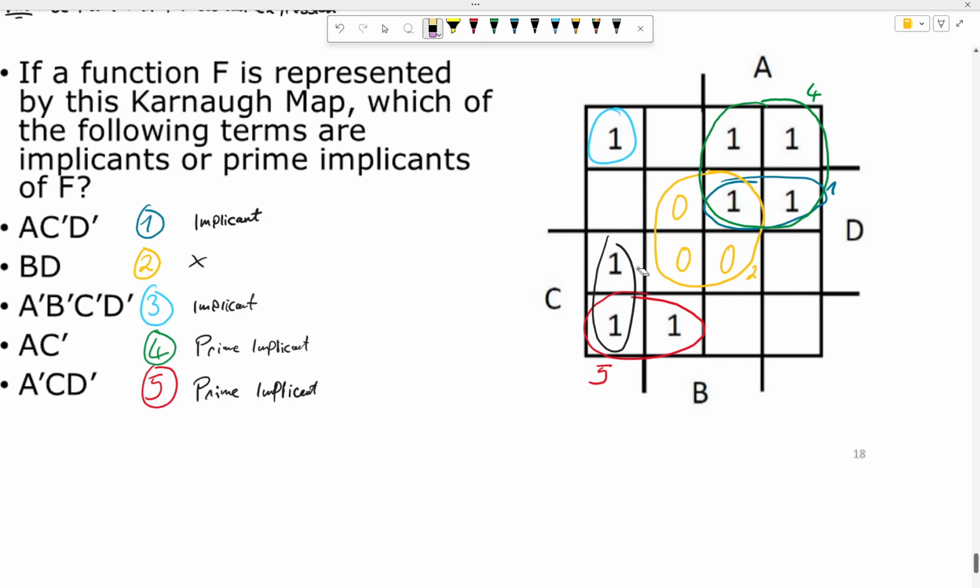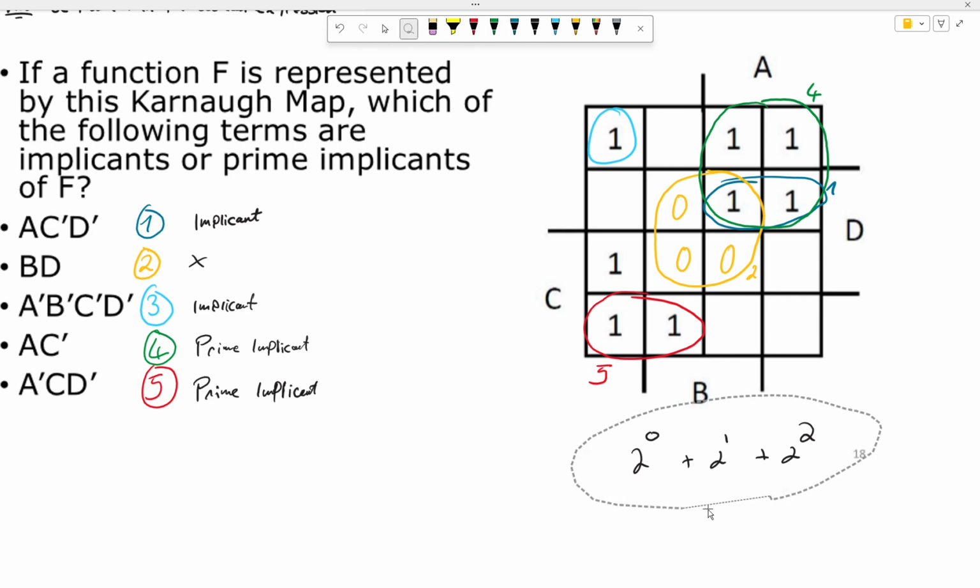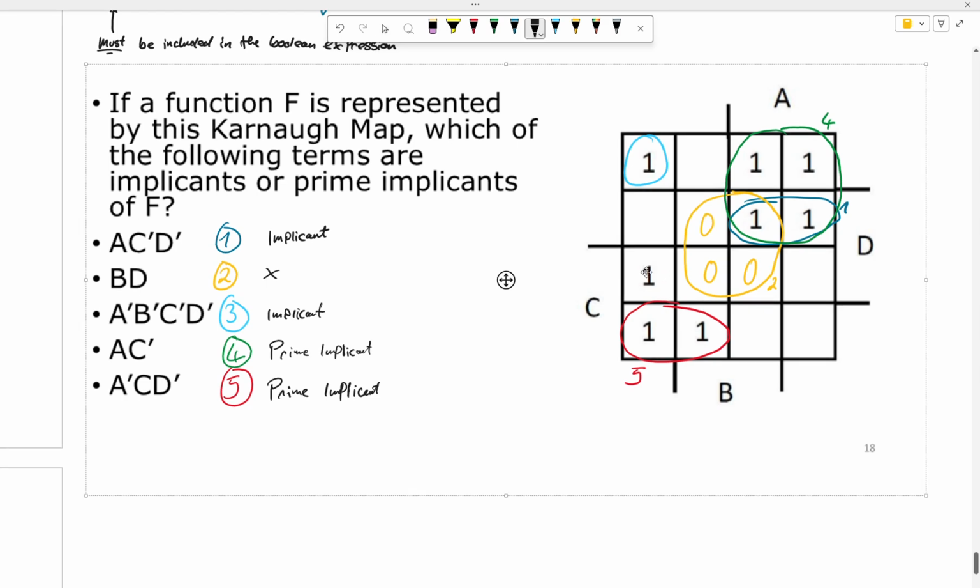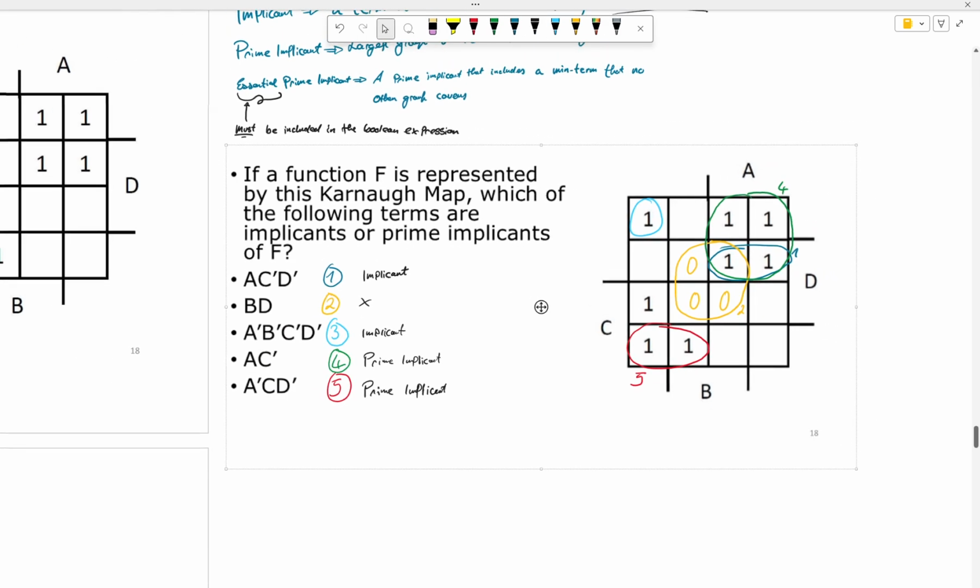However, that is also only two ones. This is how they combine. They have to be groups according to the power of 2, or 2 to the power of x, so it can't have a group of 3. And that is everything.